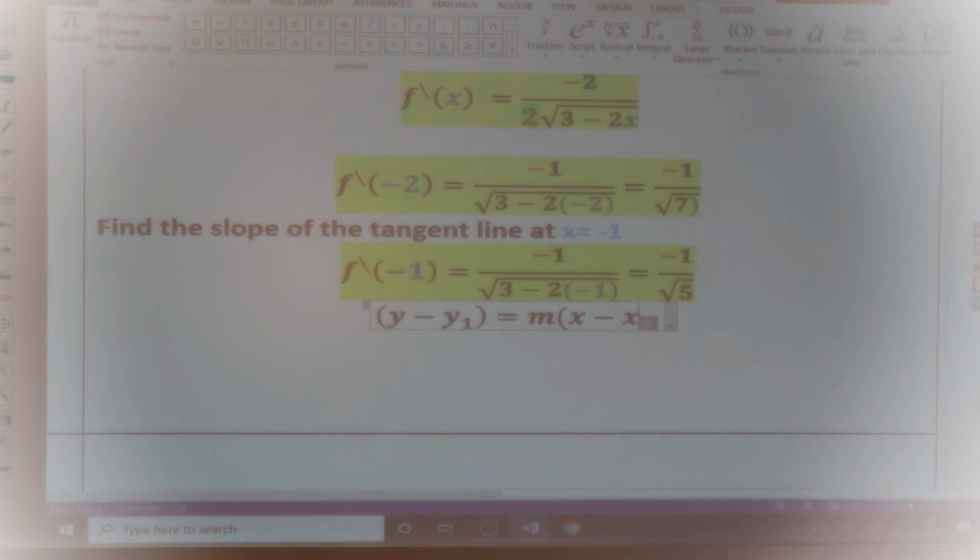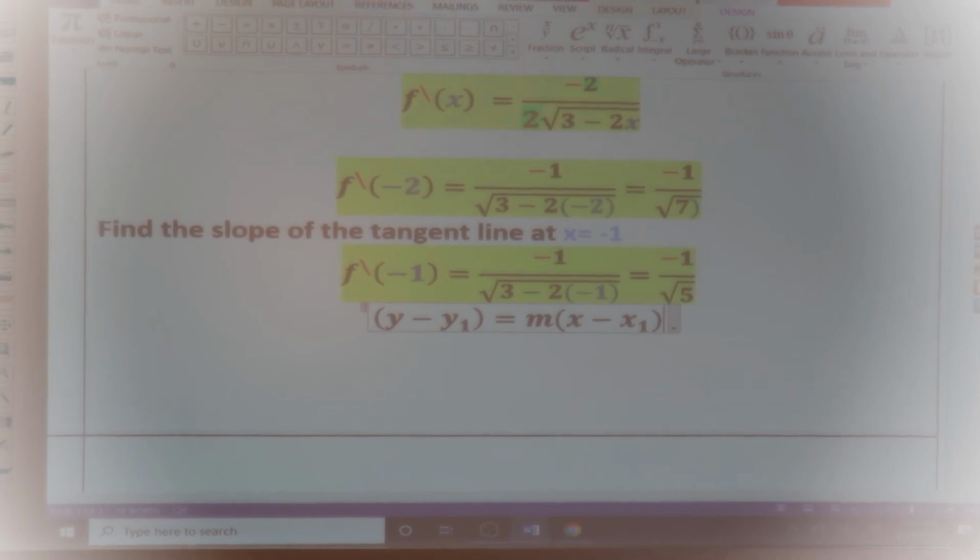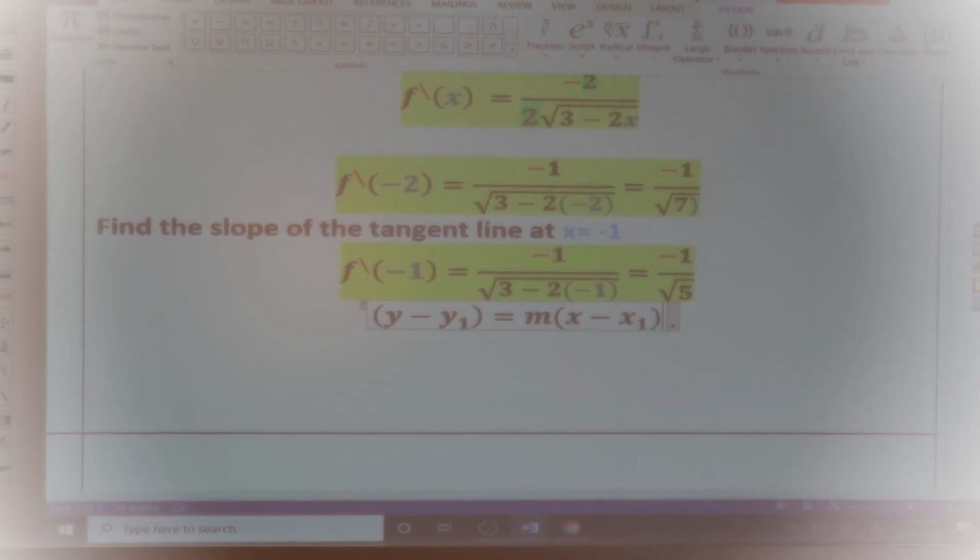Let me see my time. I need to finish it for you. I have time. Okay, let me finish. Find the equation of the tangent line.